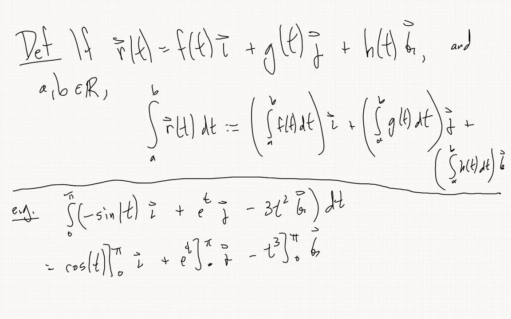And so this is negative 2i plus e to the pi minus 1 j minus pi cubed k.